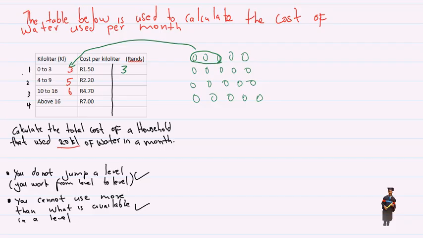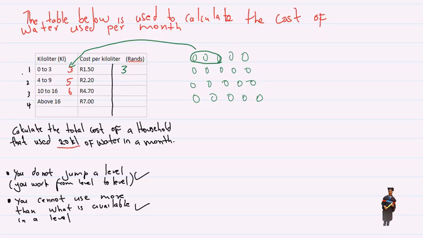So my question is, does level 2 allow us to use all these 17 kiloliters that we are left with? And you must be guessing the answer. If you said no, it does not allow us to use all the 17, you are correct. It means you are getting the idea.